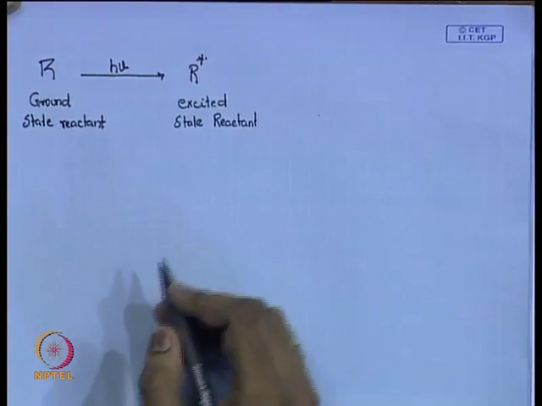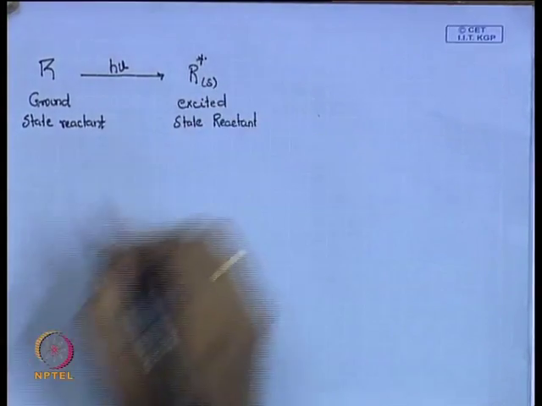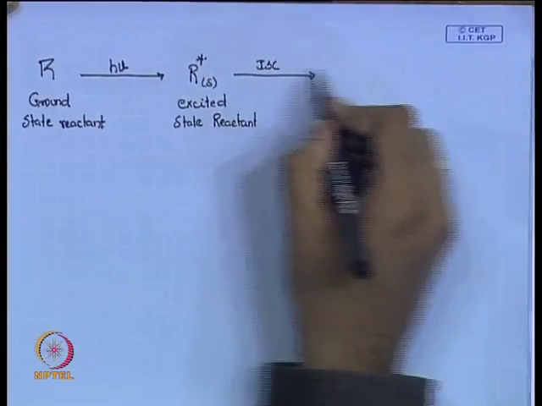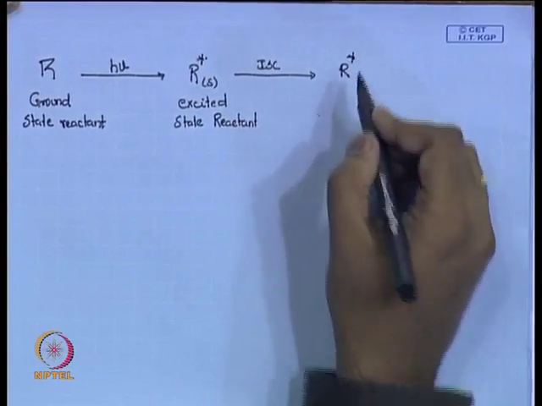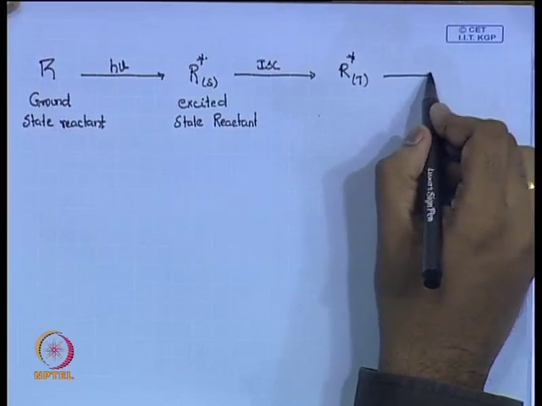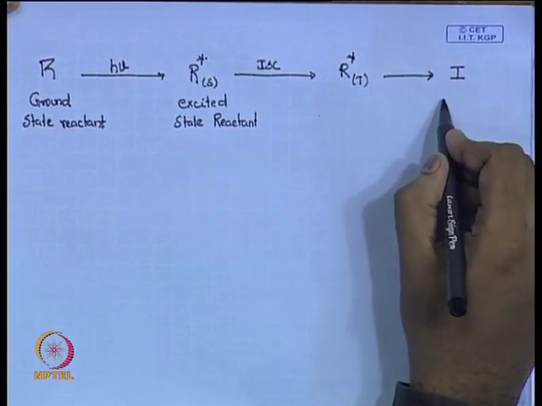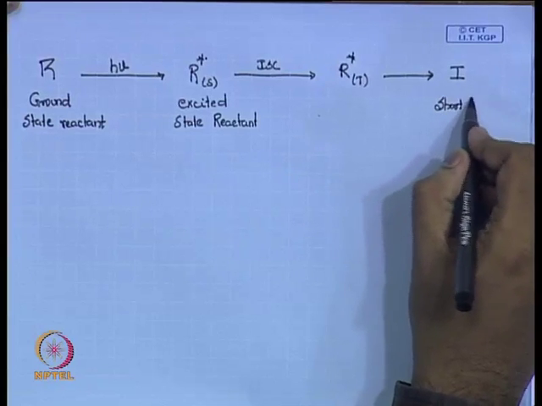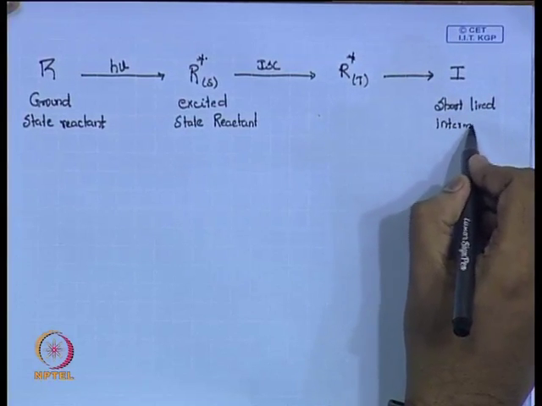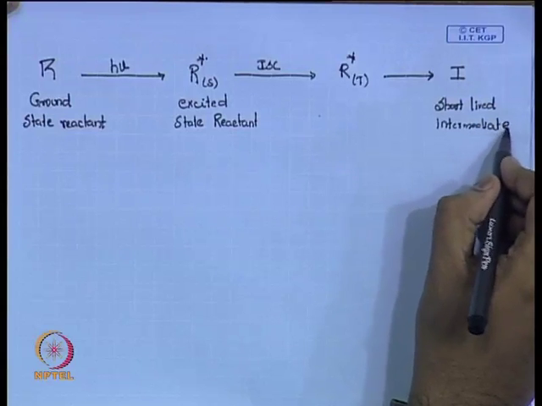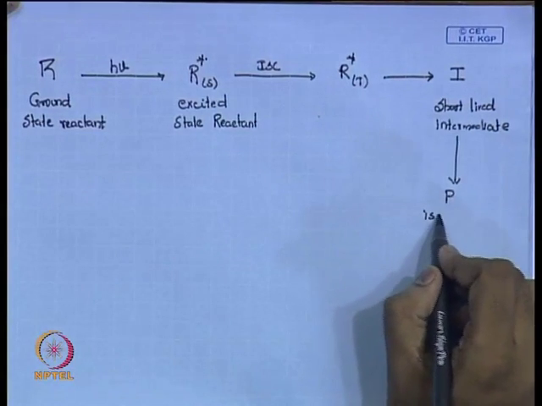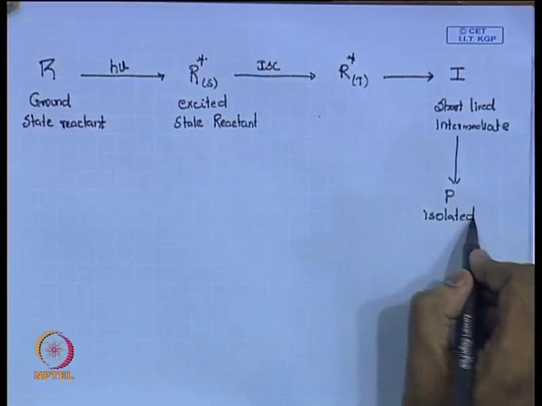We said that it can go to your singlet state, then it undergoes an intersystem crossing to give you a triplet, which then gives you an I. We said it is a short-lived intermediate, which gives you the P, which is your isolated product.